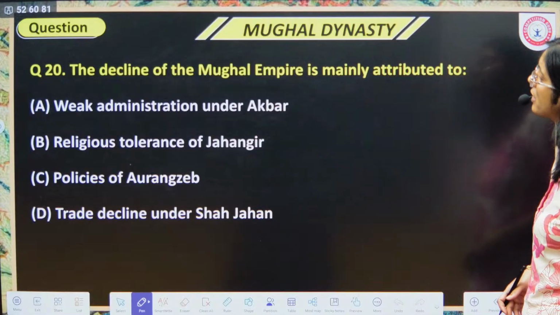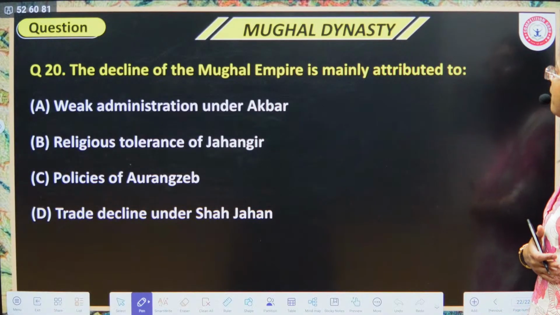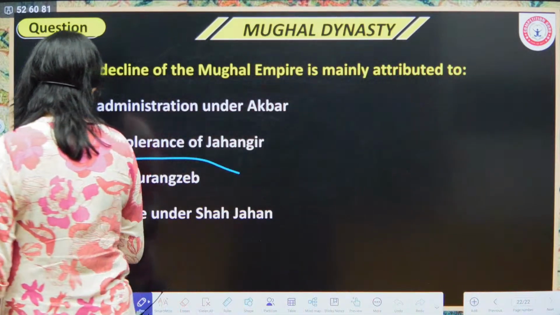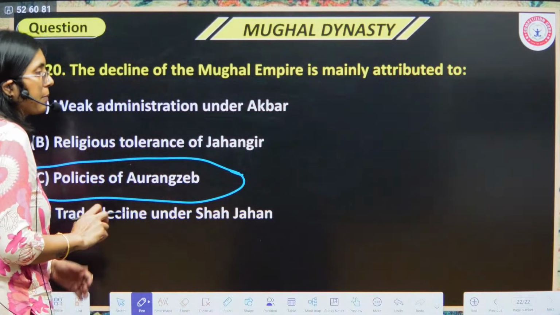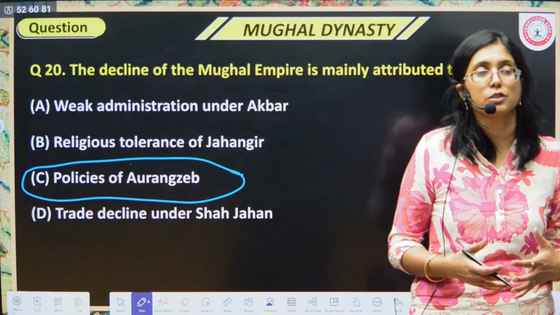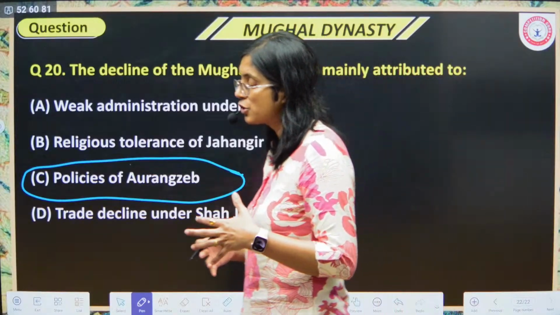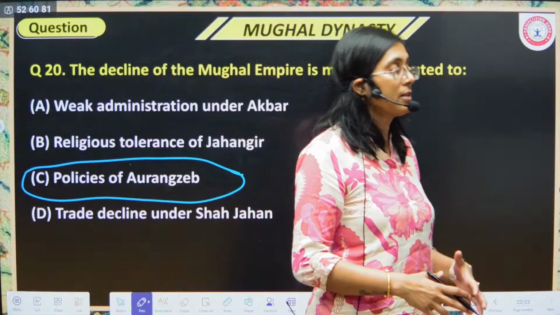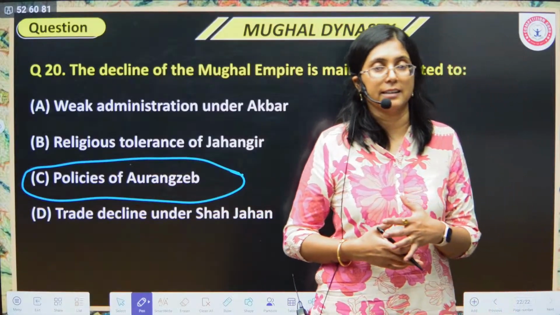Right? So our last question is, the decline of the Mughal Empire is mainly attributed to the policy of Aurangzeb, because Aurangzeb had adopted many policies which were responsible for the decline of this glorious dynasty. Right?